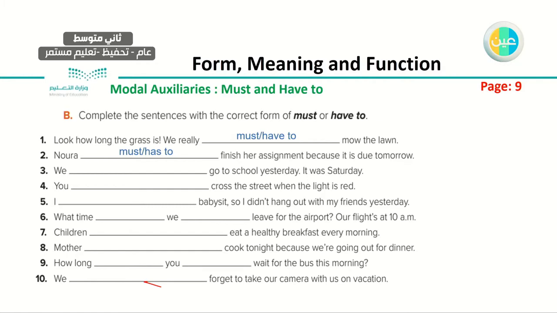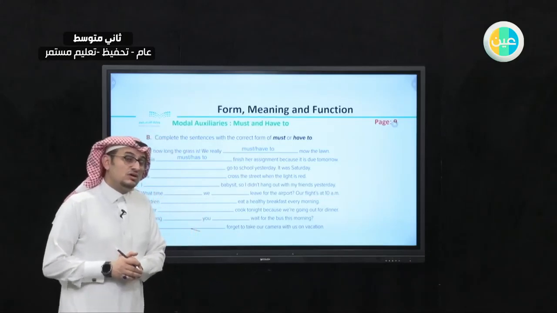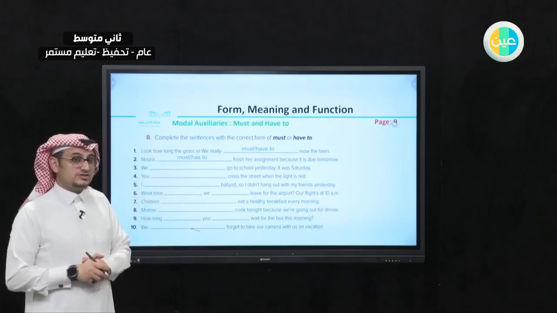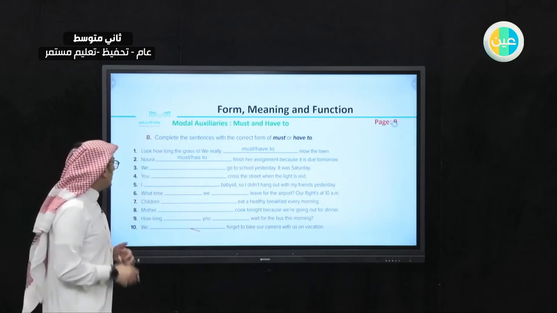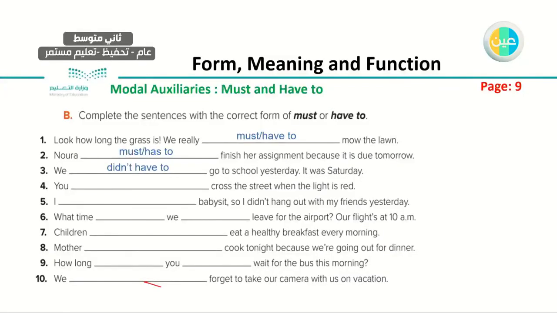We go to school yesterday. It was Saturday. No school on Saturday, okay? So we didn't have to go to school yesterday. It was Saturday.